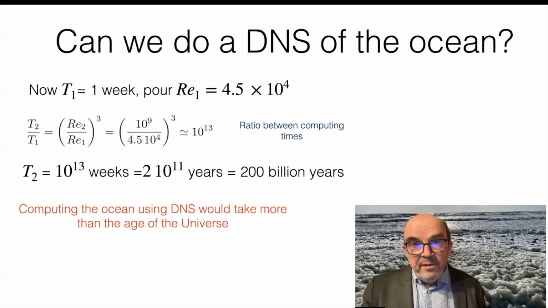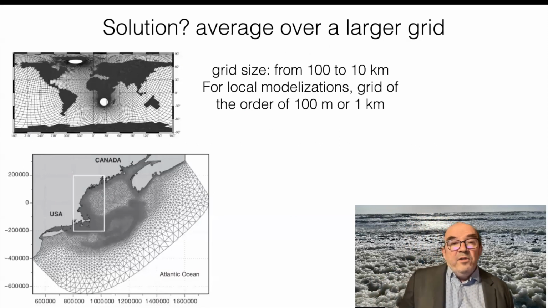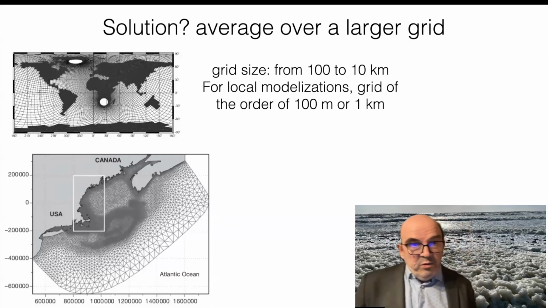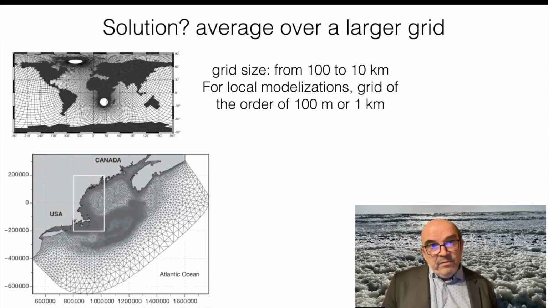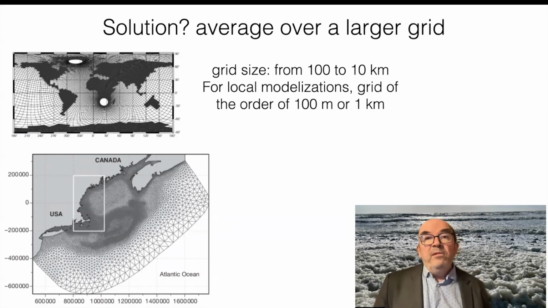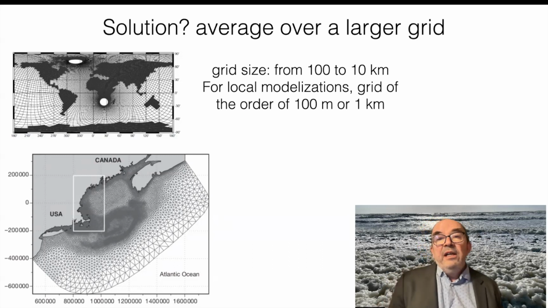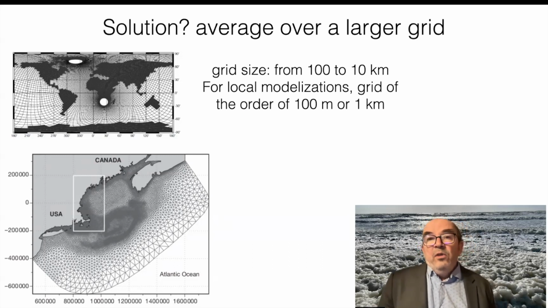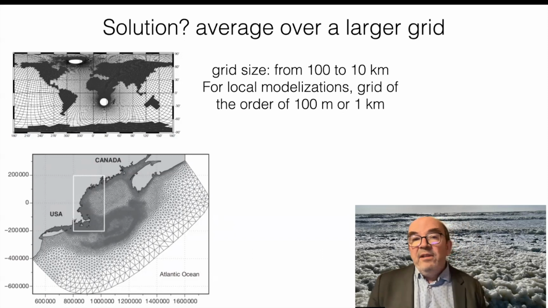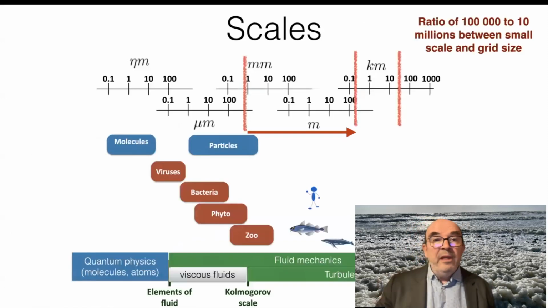So it's not possible. That's why the solution is to average over a larger grid. The grid size used for this is from 100 to 10 kilometers. Sometimes for local modelization, you can find a grid of the order of 100 meters or even 1 kilometer.